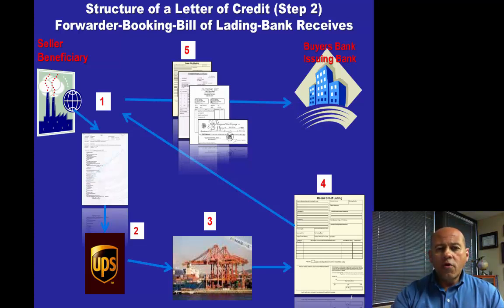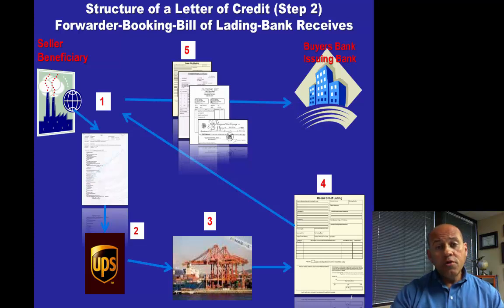Now, forwarders play a very important part in a letter of credit because they generate the bill of lading. So if we look here, we see the seller. The seller is going to get the letter of credit. They're going to perform against that letter of credit. Part of what they're going to do is communicate the terms and conditions of the letter of credit to their freight forwarder.